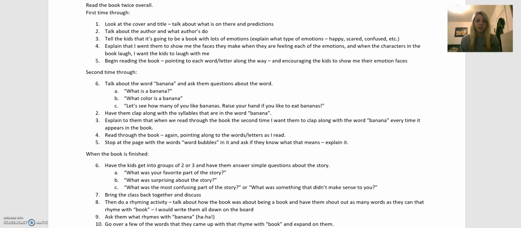And then I would tell the kids that it's going to be a book that has a lot of emotions in it and explain what kind of emotions are going to be in it. And then I would have them show me their faces for what they would look like if they were happy, scared, confused, etc. Then I would tell them that as we read the book, I want you to go along with the characters and whatever they're feeling and whatever they're going through.